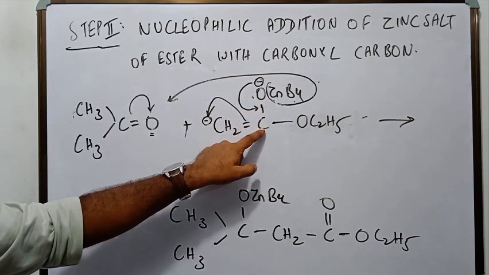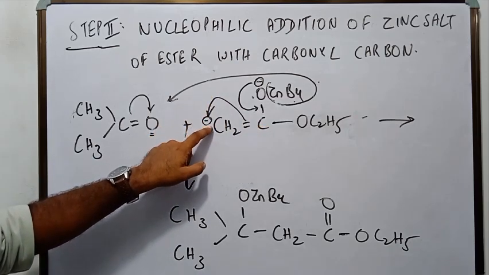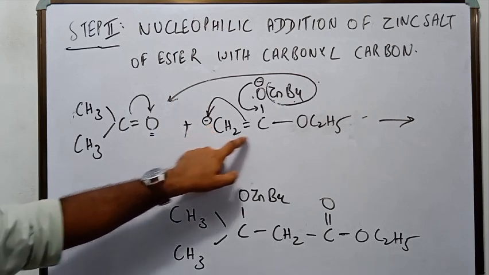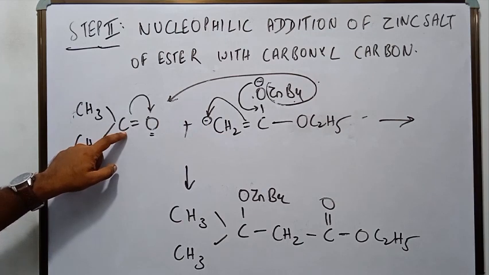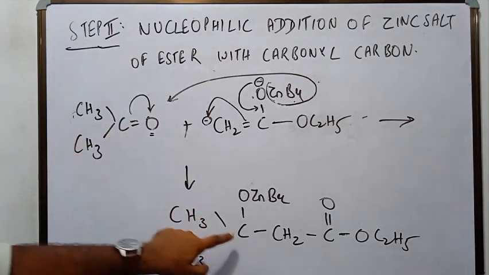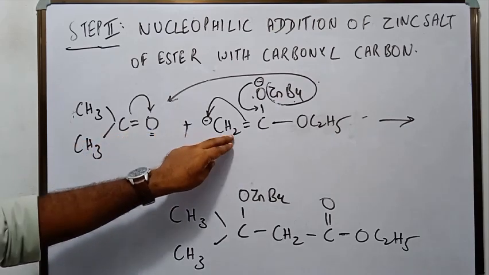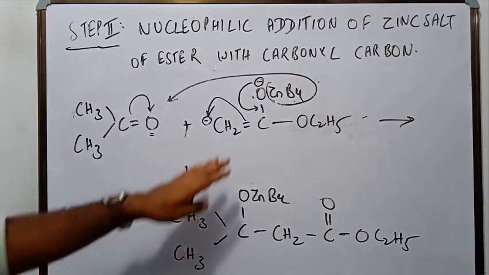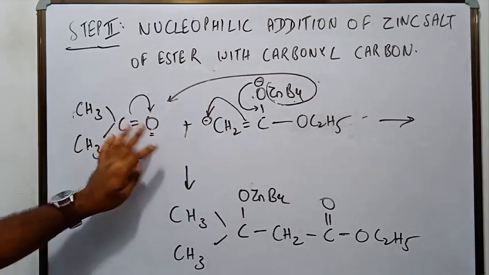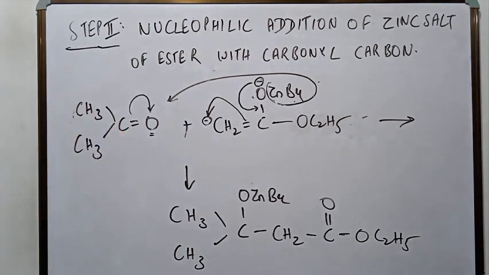When it forms the double bond with carbon, this double bond comes here and becomes an electron pair. Now we got a carbon anion. This carbon anion can come and attack the carbon which has a positive charge. So here also we are seeing the nucleophilic addition of the zinc enolate to the electrophilic carbon of the carbonyl compound. So we can get a product like this.